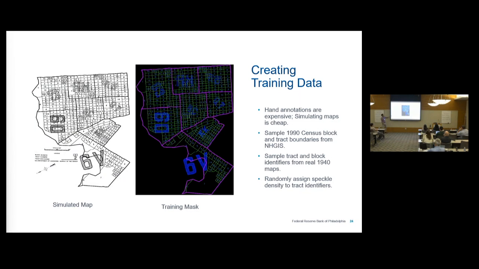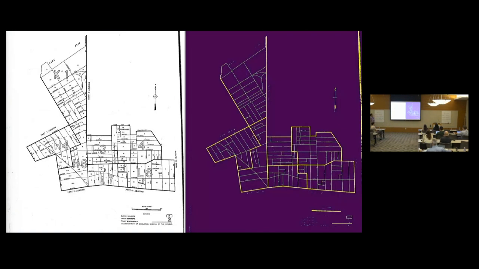Of course, this is training data. The question is, can a model that's being trained on simulated data actually do well on segmenting a real map? And the answer is, so far, pretty good. This is a real map on the left. And this is a pixel by pixel classification that's coming out of the trained CNN.